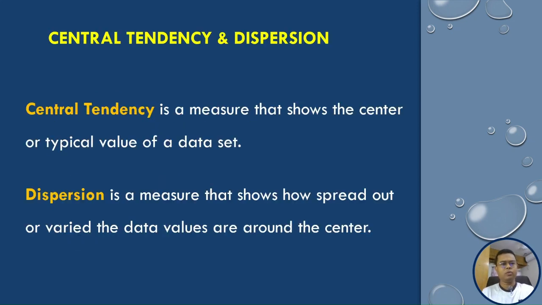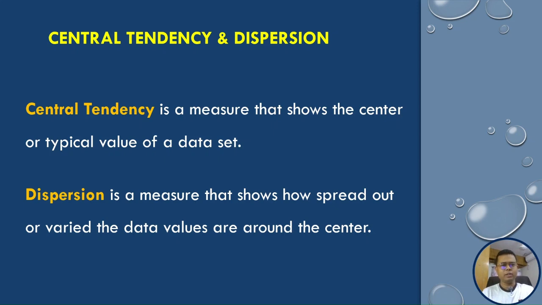However, what is central tendency and dispersion? Central tendency is a measure that shows the center or typical value of a dataset. It means it will provide you a central value.